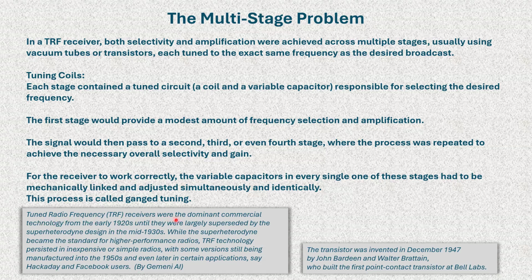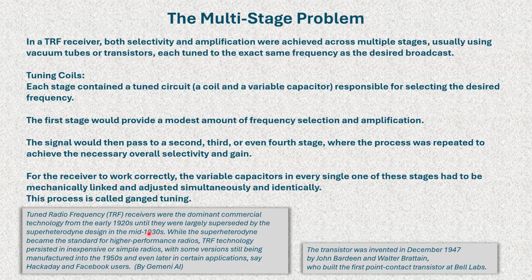The TRF receivers were the dominant commercial technology from the early 1920s until they were largely superseded by the superheterodyne design sometime in the mid-1930s, keeping in mind that the superheterodyne was invented in 1918.